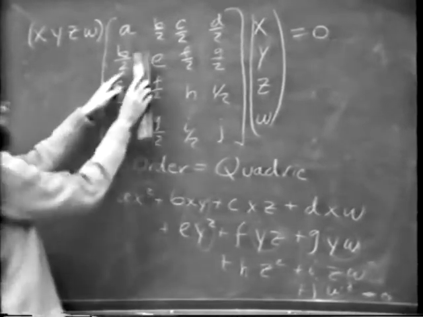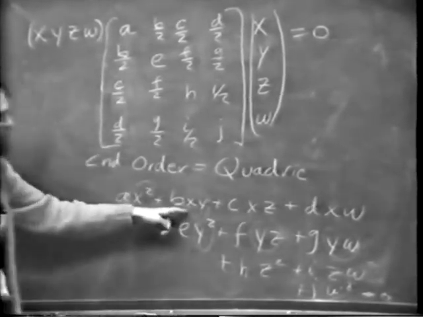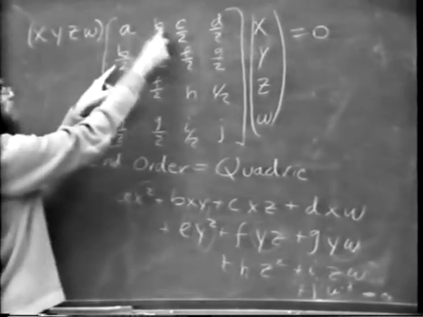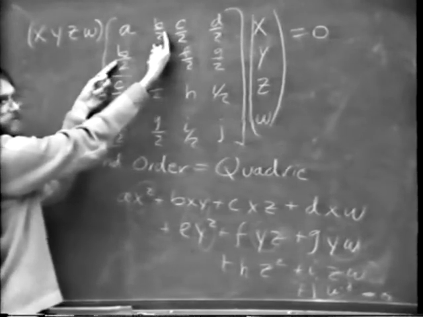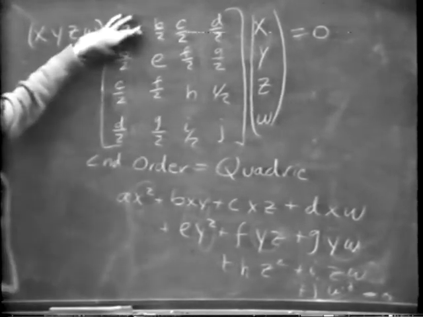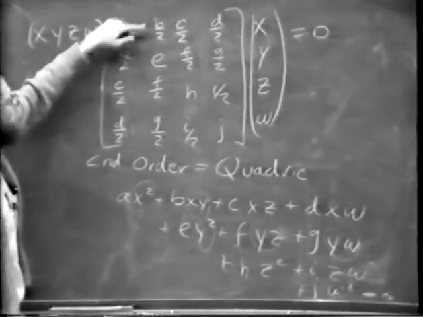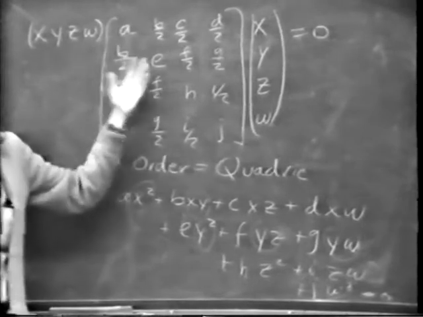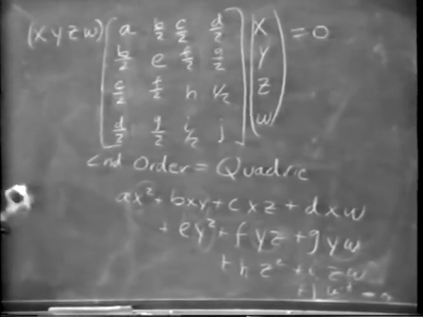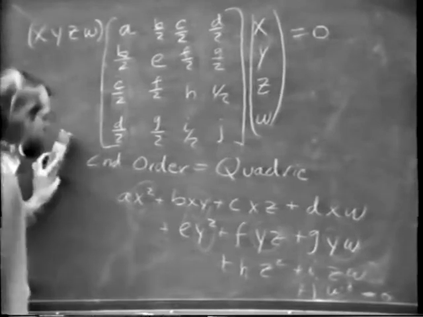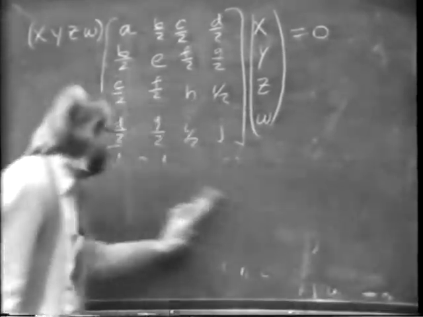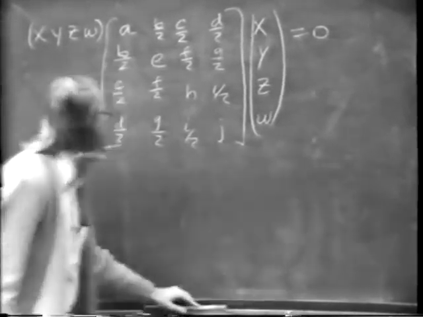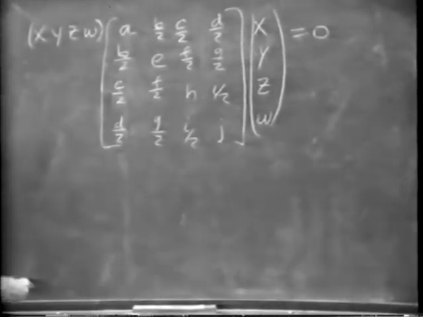In fact, what I've done is kind of split each of these terms, like the bxy term, into two pieces, putting it up here and down here. As it happens, these two slots in the matrix can take on several combinations of values as long as their sum is equal to b. And so you could have b up here and 0 down here if you like. But what I'm doing is trying to make it so this matrix is symmetrical, because symmetric matrices have some other useful properties. So what we've got here is a symmetric 4 by 4 matrix.